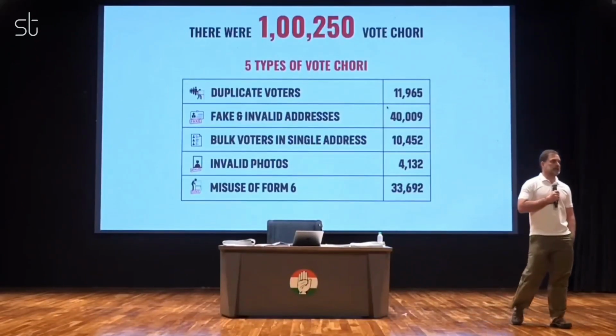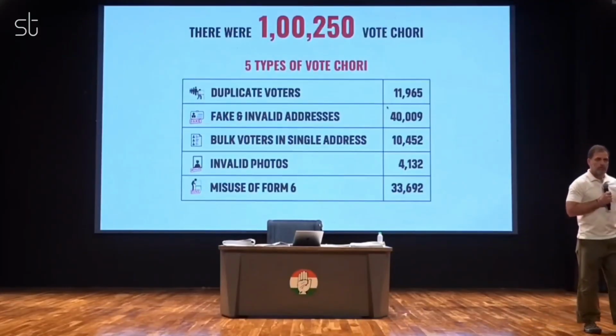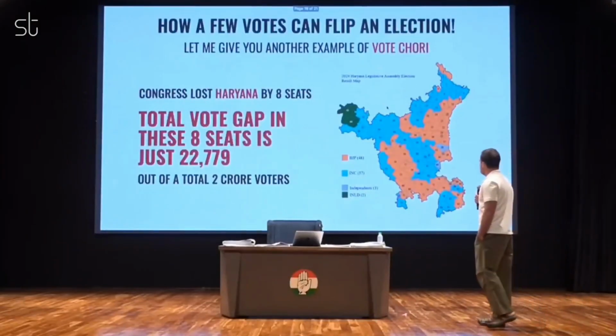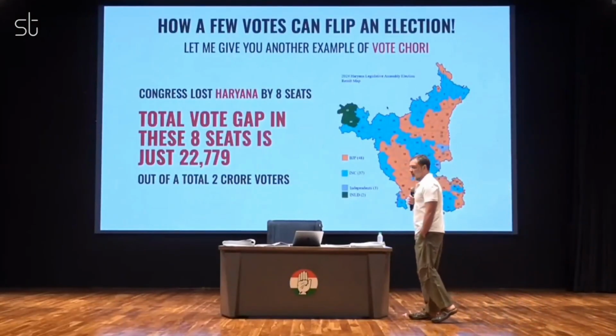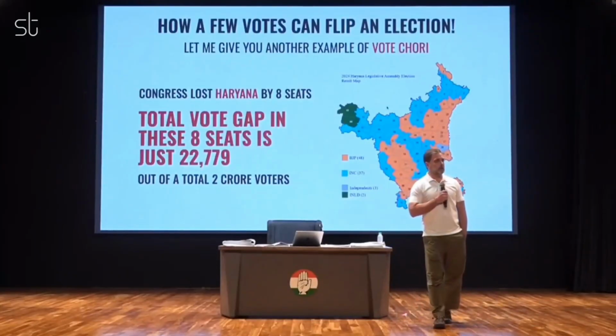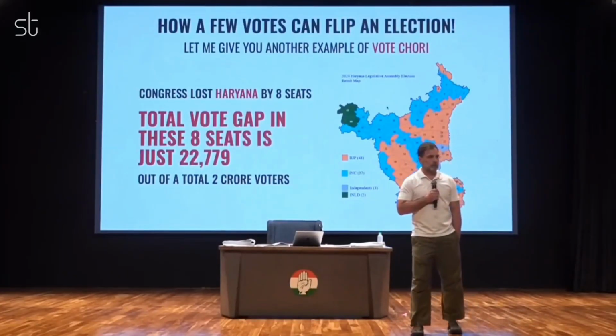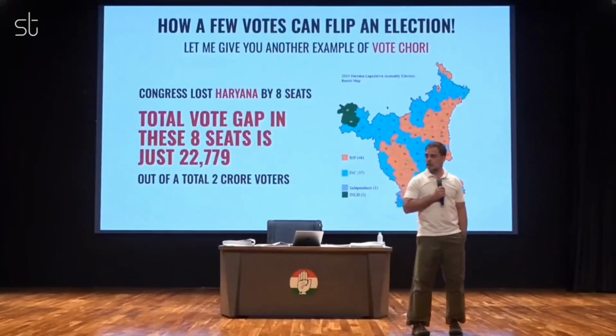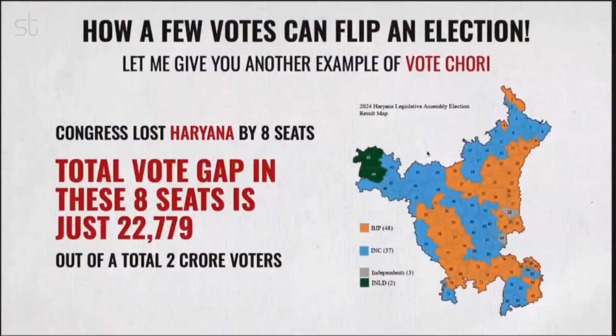The reason the Election Commission does not give us data is because this is happening across the country. Okay. Next one. To give you an example, the difference between winning and losing the Haryana election for the Congress was 22,779 votes in the entire state.